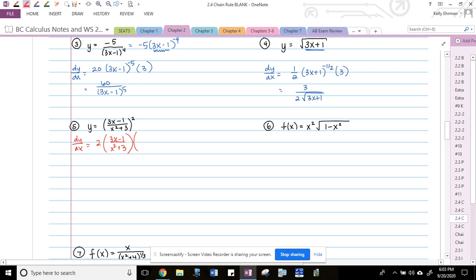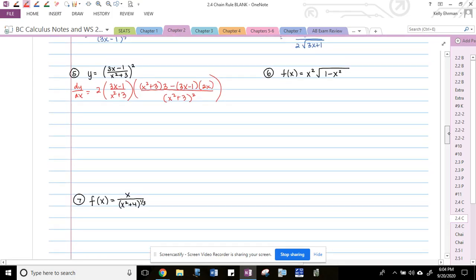So quotient rule is low d high, derivative of 3x minus 1 is 3, minus high d low, derivative of x squared plus 3 is 2x, all over low, x squared plus 3 squared.